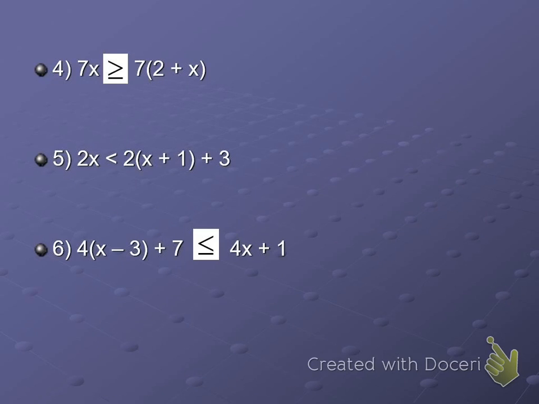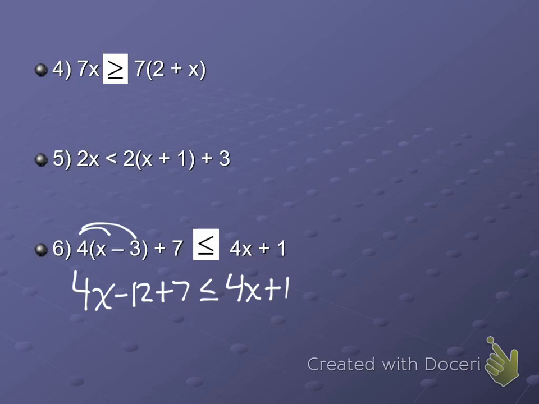All right, example 6. Once again, they want us to distribute first. So we will do that. 4x minus 12 plus 7 is less than or equal to 4x plus 1. I'd like to combine like terms.